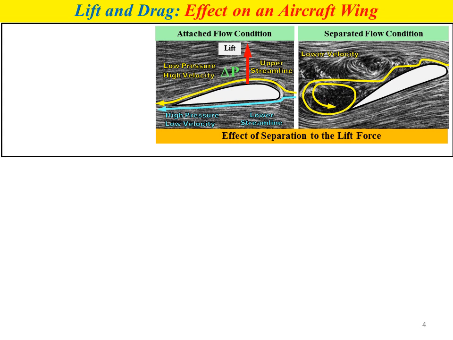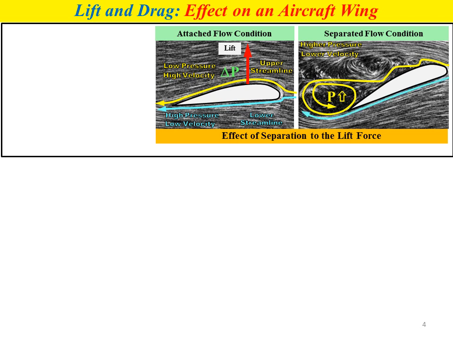Due to this separation, we have lower velocity with higher pressure. If you compare to the attached flow condition, the upper streamline will have a higher value of pressure.